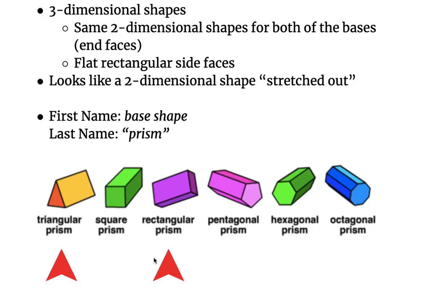I have a red arrow pointing to triangular prism and rectangular prism because those are the most common prisms that you'll see. The other ones are a little more rare. The most common ones are the triangular prism because that one kind of looks like a camping tent. And the rectangular prism is actually found everywhere.